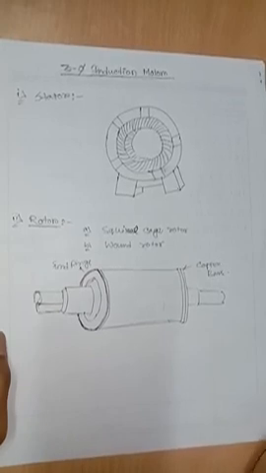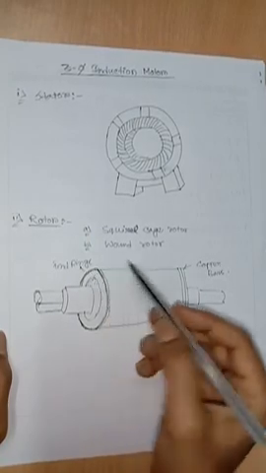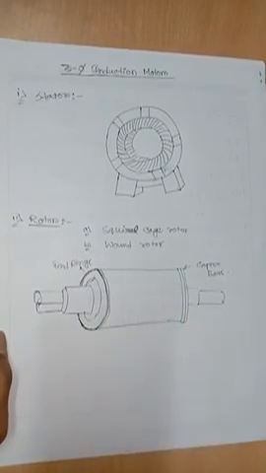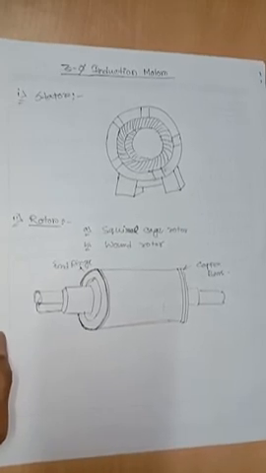All the bars are joined at each end by metal rings called end rings. As you can see here, these are the end rings. This forms a permanently short circuited winding. The entire construction looks like a squirrel cage.